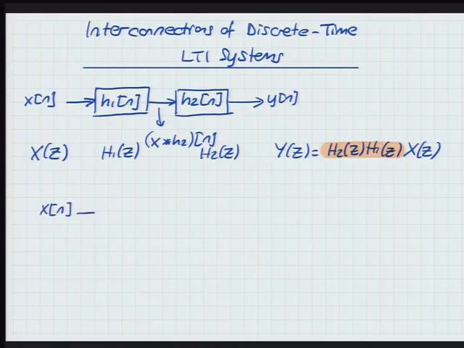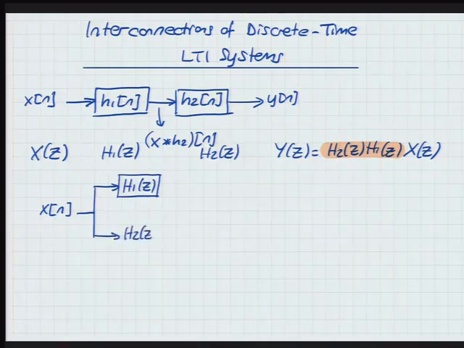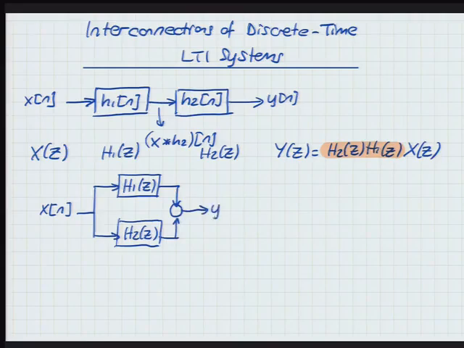So this time I'm not going to write explicitly the impulse responses. I'll just put the transfer functions, H1 of Z and H2 of Z. And to get the output, I am going to add up their individual outputs. So this is a summing junction, and what comes out is Y of n.